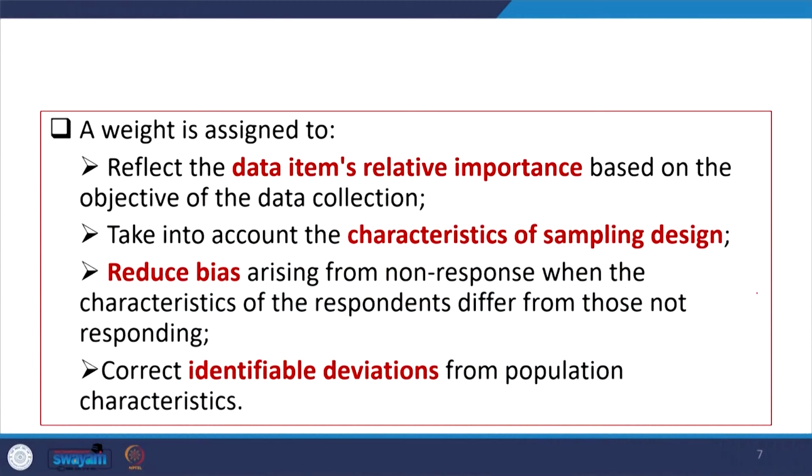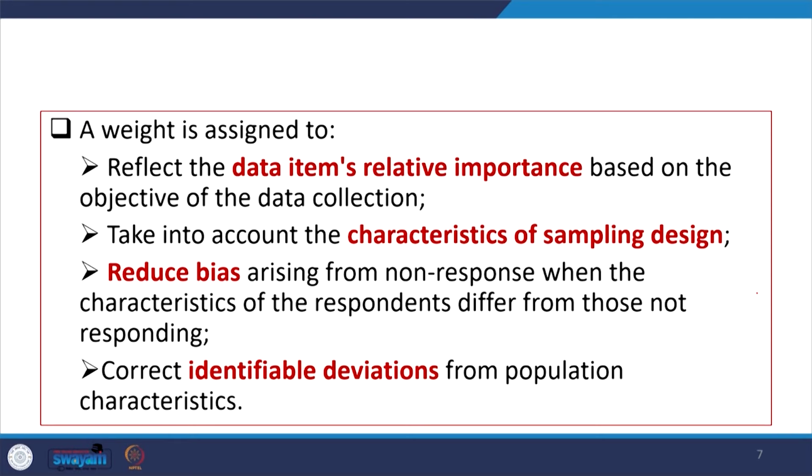So, let us understand that a weight is assigned to reflect the data item's relative importance based on the objective of the data collection. So, its relative importance in the total data collection is carried into the total population. It takes into account the characteristics of the sampling design. Okay. So, this gives proper emphasis to the sampling design which was initially framed.